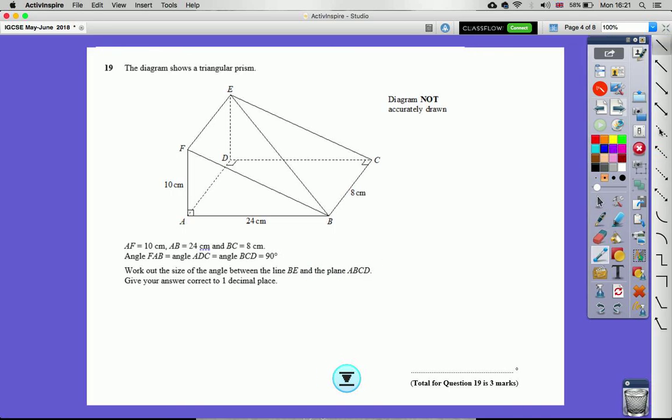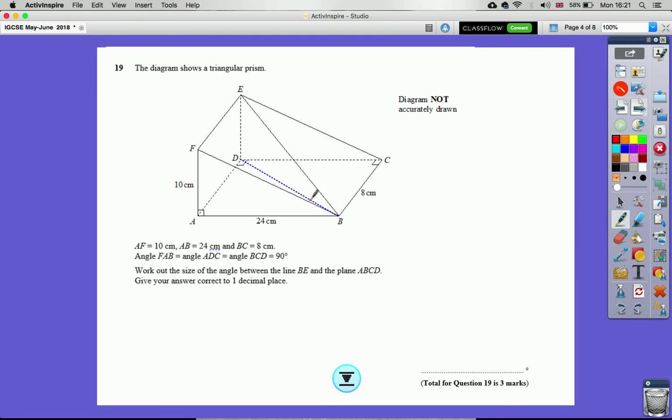So what I'm looking for here is the angle between the line EB and the plane ABCD. I'm looking for this angle over here. Now to find this angle, this is also a right angle triangle because ED is perpendicular to the plane ABCD, so that angle is a 90-degree angle.